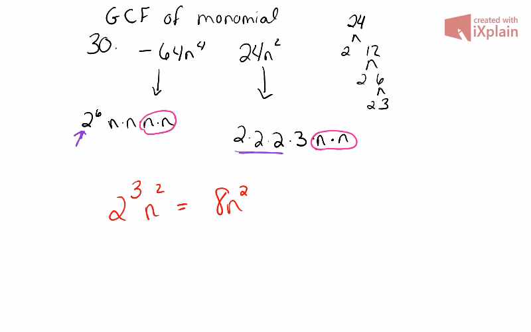And now the last one that I'm going to do is going to be number 31 from the next section of your homework, where we're finding the GCF of a polynomial. We have negative 4d to the 4th plus d cubed minus 3d squared. So what you can do for each of these terms is you can break them down into their factorizations.